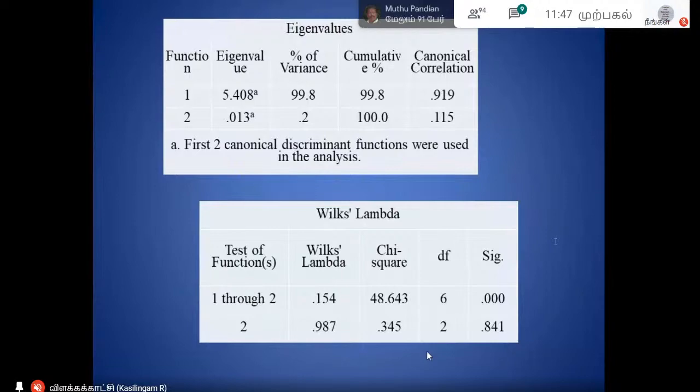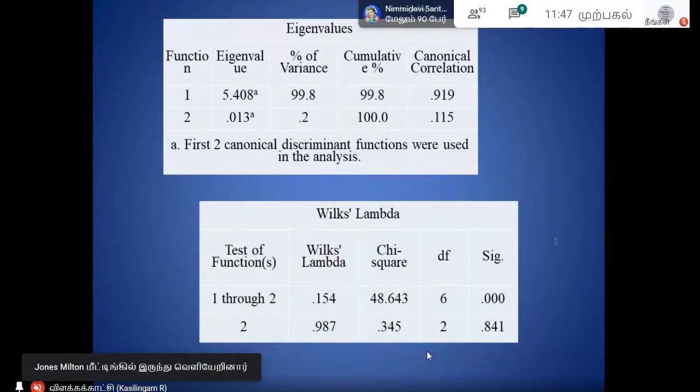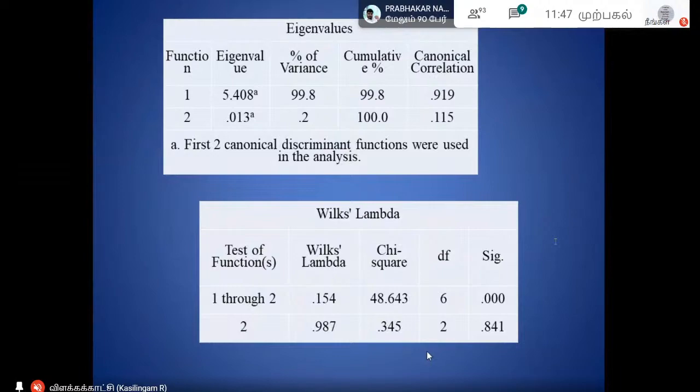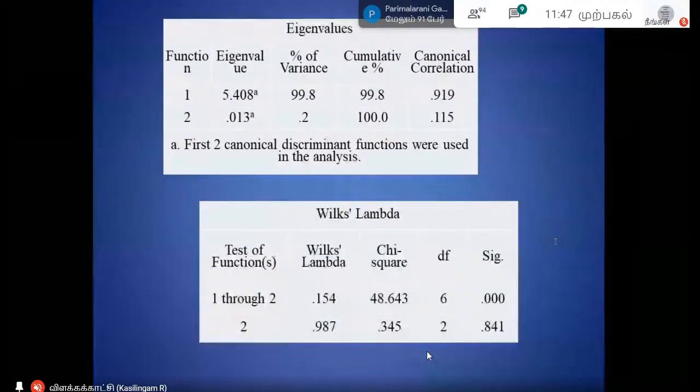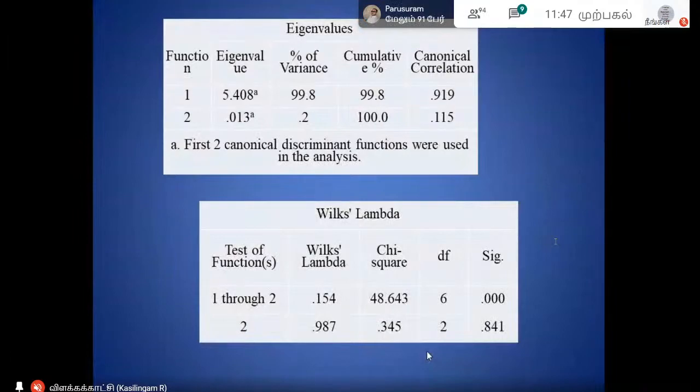99.8% of the variance, I'm talking about between group variance, is captured by function 1 alone. Apart from that, the variability because of that function is 91% by canonical correlation.